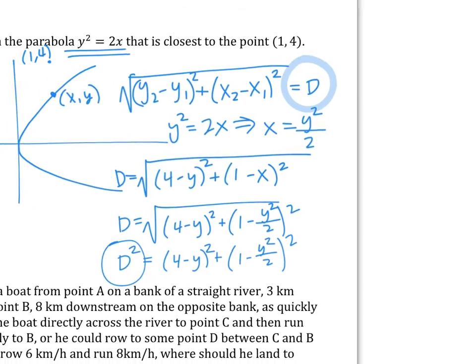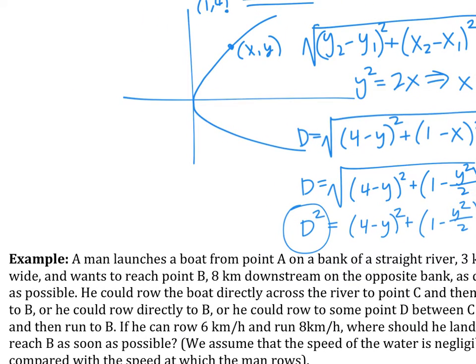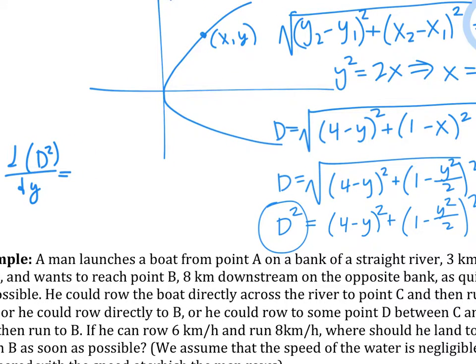So we need to find the derivative of the square, d squared. Make sure you know what variable you're taking the derivative with respect to. We're taking the derivative with respect to y, so everything that's not a y is just 0. Go ahead and take the derivative of this one.